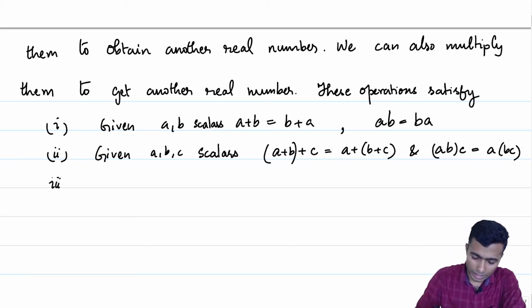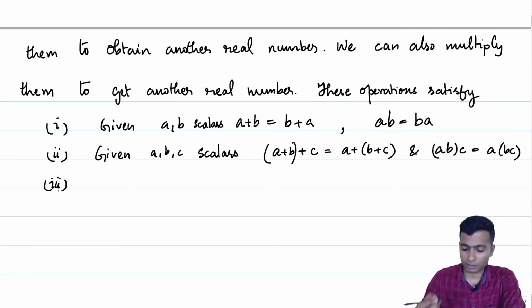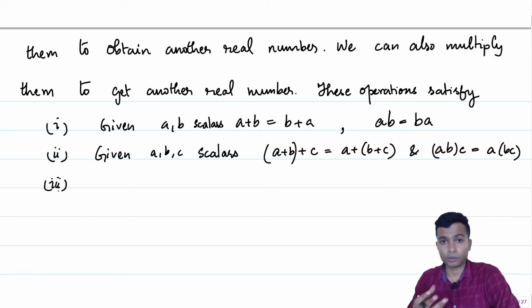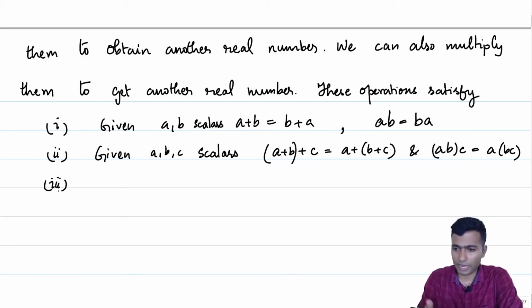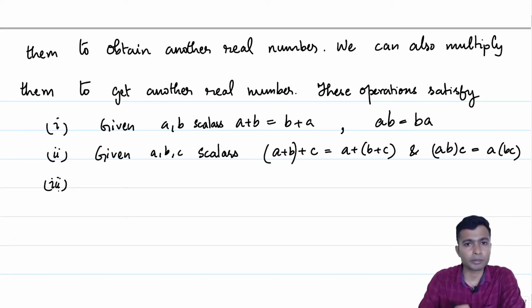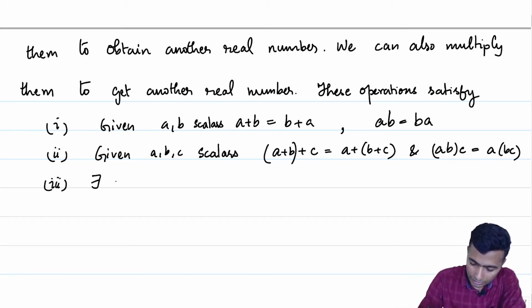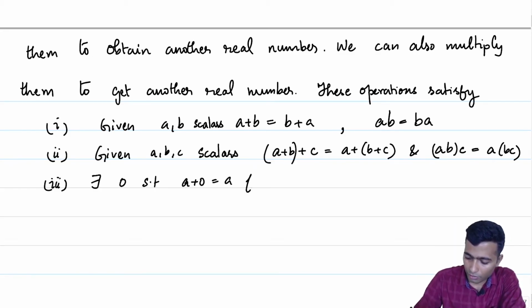We also know that there is a 0 real number. There is a real number called 0, which is very special. If you add any number to it, you get back the same number. If you add say 3 to 0, we get back 3. So there exists 0 such that a plus 0 is equal to a for every scalar a.